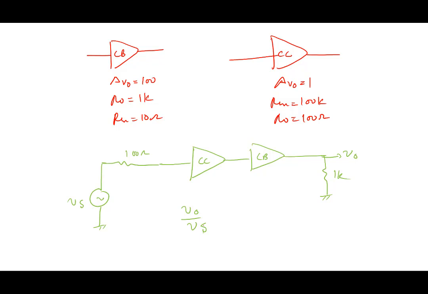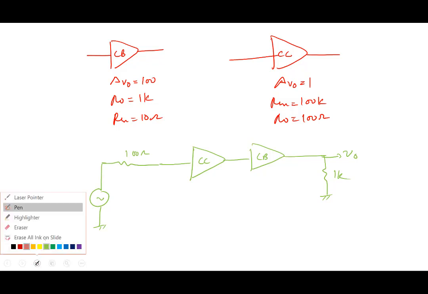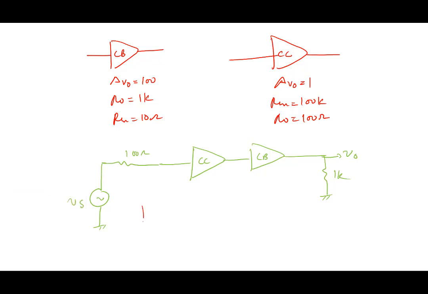Well, how would you do this? As usual, we build our equivalent circuit. So this is like this. 100 ohms, common collector amplifier, build this Rin, build this gain, build this R0. So Rin is 100K, gain is, we'll take it as 1 times Vin, R0 is 100 ohms.